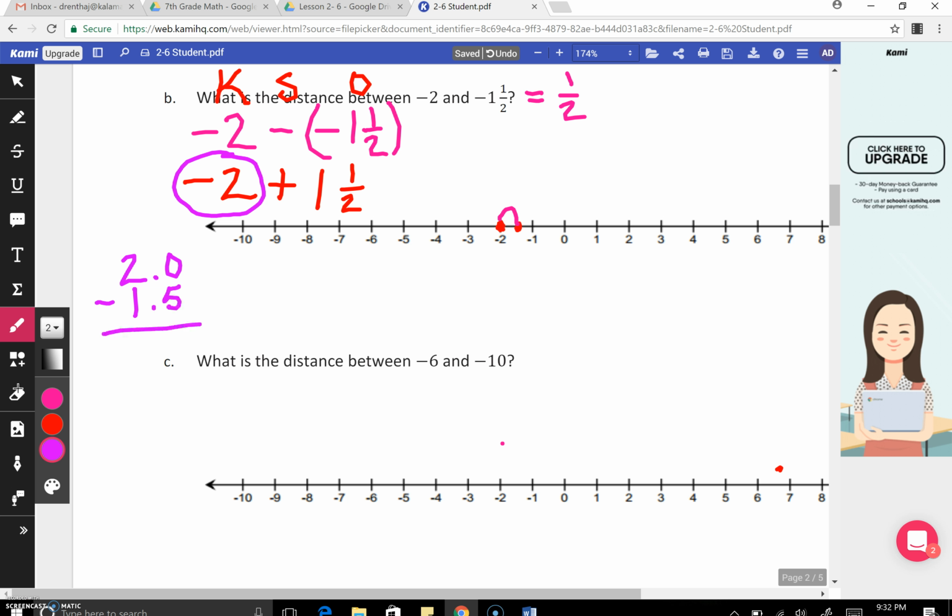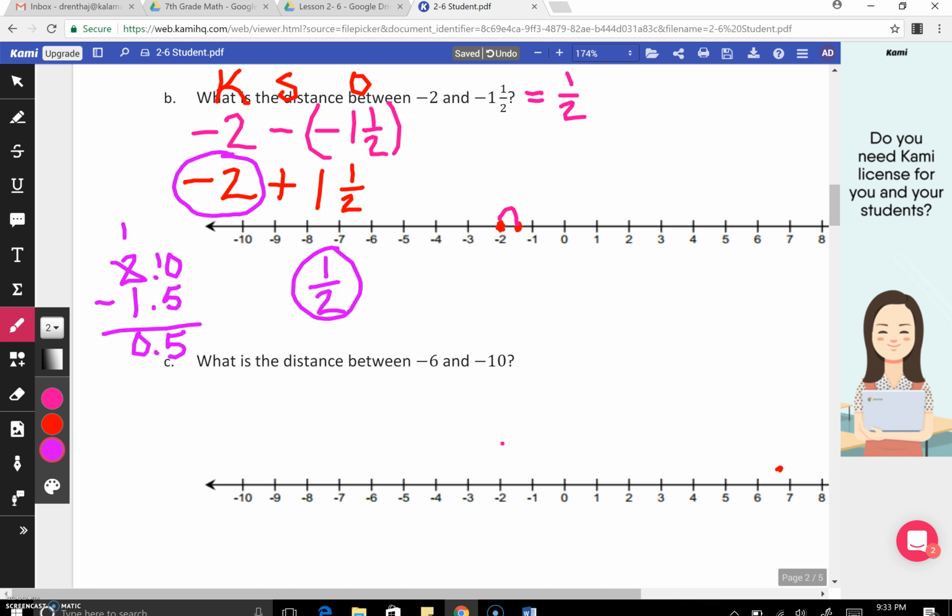We're going to borrow, and we get 0.5. We get 1/2. So the distance between -2 and -1.5 is 0.5 or 1/2. And so we did that with the number line and with the formula. Let's try the next one.